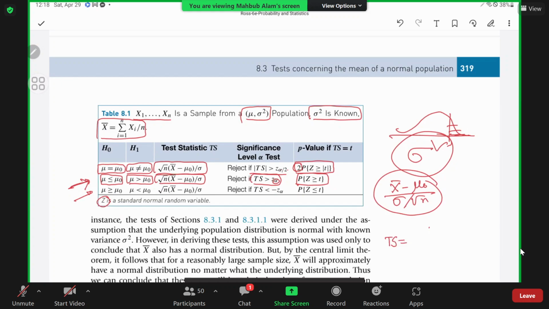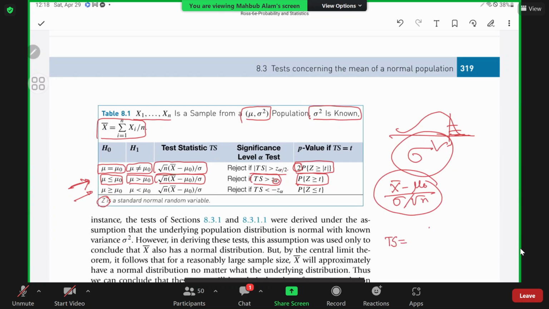You need to use what? T alpha by 2, comma, n minus 1, right? Because the degrees of freedom will come with it, and everything else remains the same. Just let us have a look. I am not explaining it because all the things are similar except this.